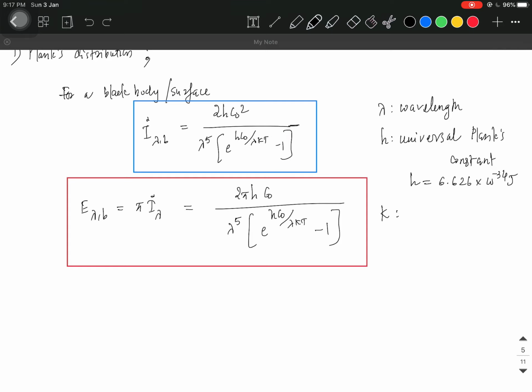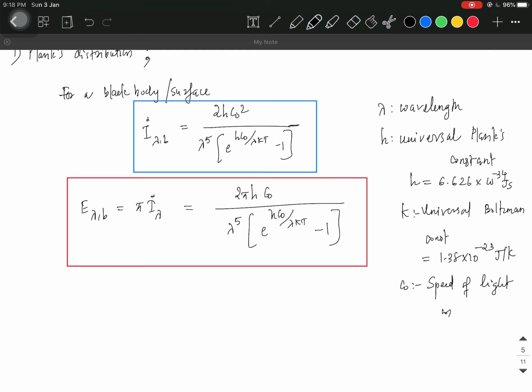Then we have k, the universal Boltzmann constant, which is equal to 1.38 into 10 raised to minus 23 joule per Kelvin.